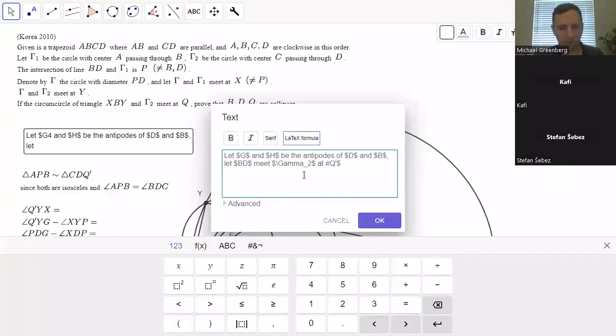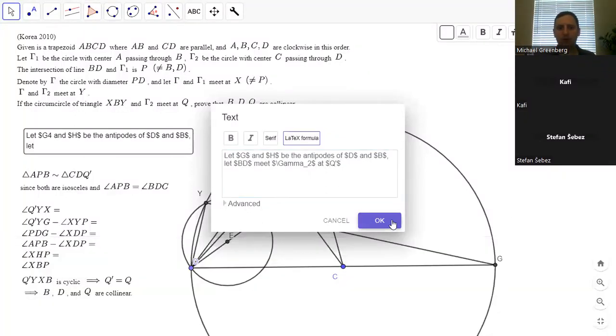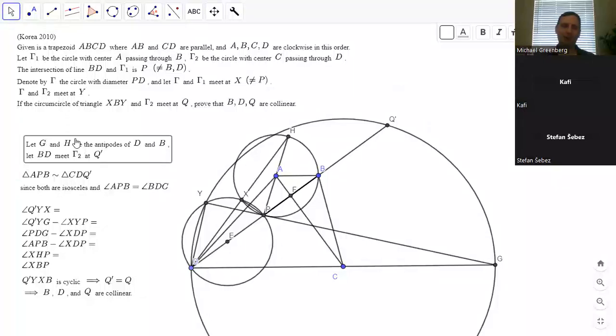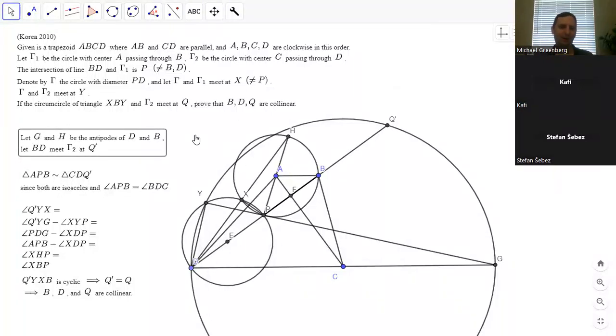All right. Let's see if I can find a problem that involves, I guess the best problems involve an orthocenter and an incenter, or a circumcenter and incenter. Let's see if I can find one like that. So let me just check this quickly. APB is similar to CDQ prime. And then we have this angle chase. Q prime YX is Q prime YG minus XYP.